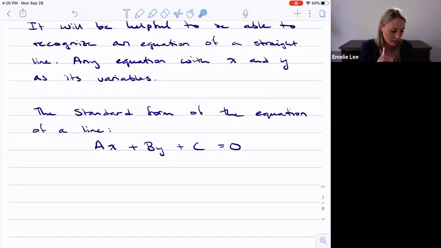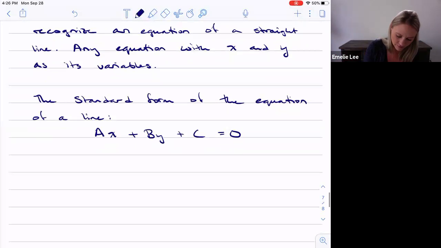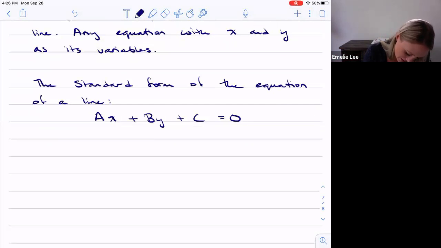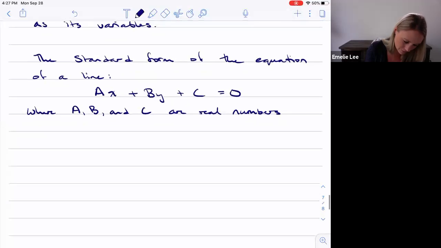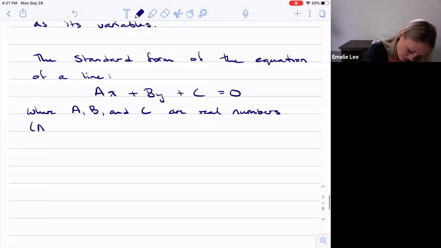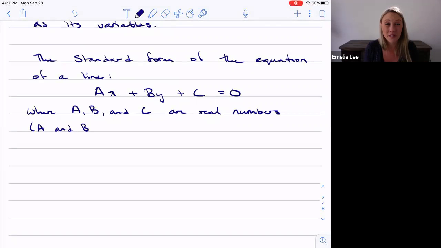Now, where A, B, and C are real numbers, A and B are both not 0.